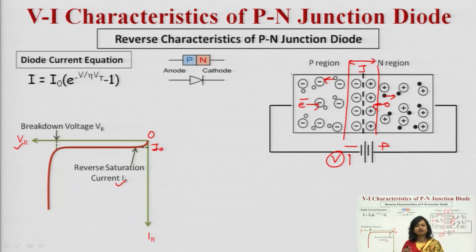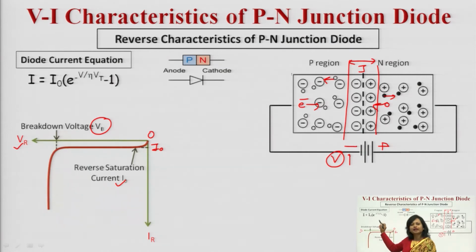After a certain point, there will be a sharp, sudden increase, which means breakdown will occur, and the value of voltage at which breakdown occurs is known as the breakdown voltage, right. So, this is the breakdown voltage and this is how you can plot the characteristic curve.